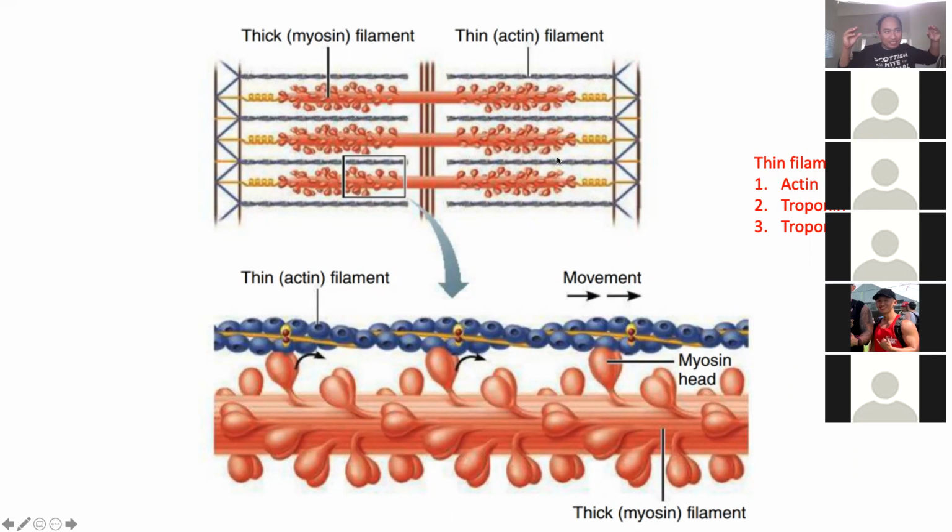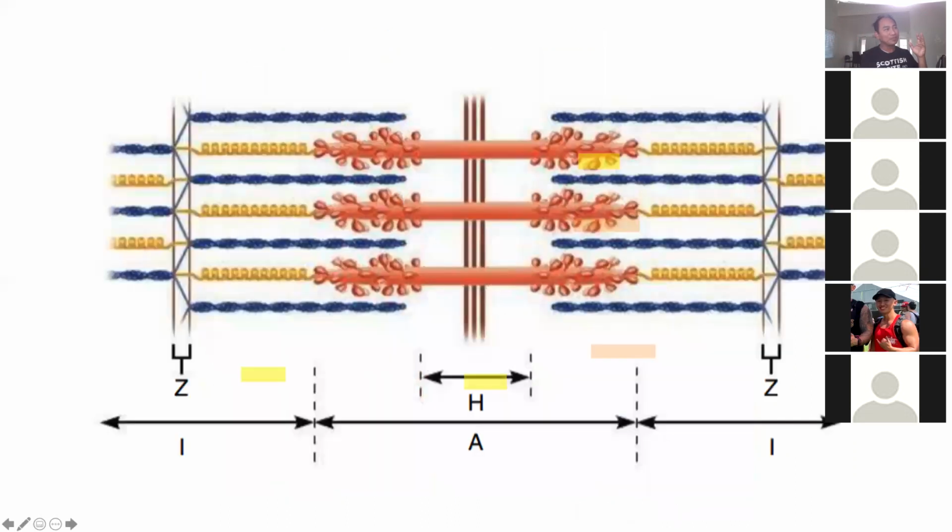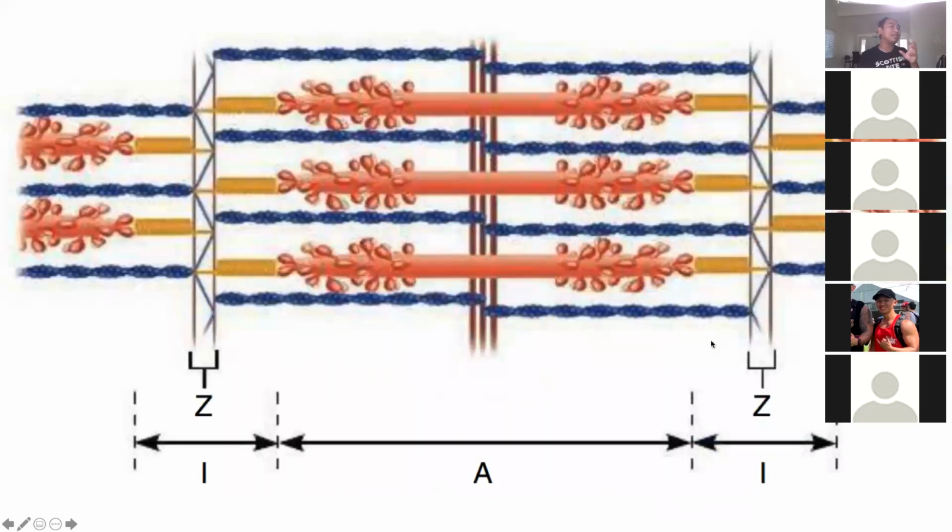It is the titin protein length that changes during contraction and relaxation. It is not the length of the actin and myosin. In relaxation, the length of the actin and myosin is the same, and in contraction, the length of the actin and myosin is the same. It is the length of the titin protein which changes.